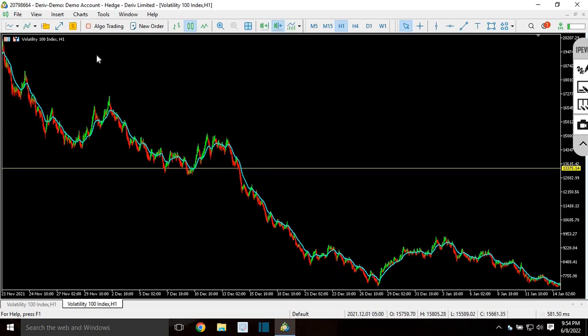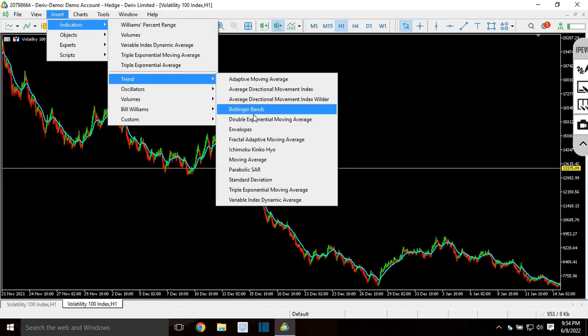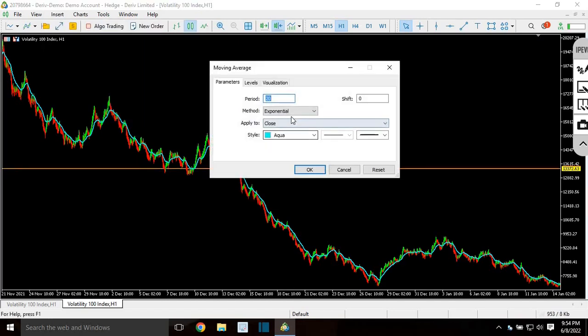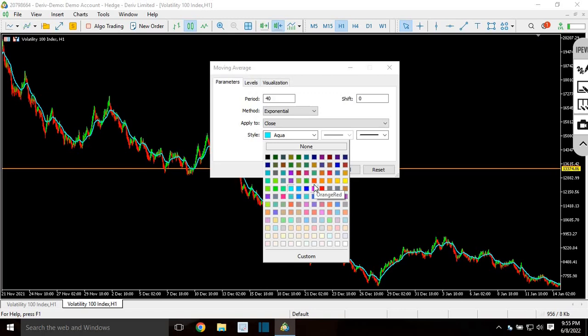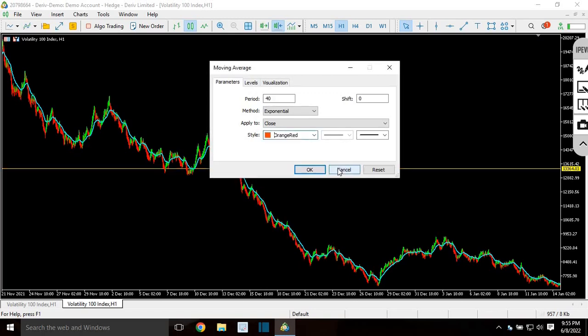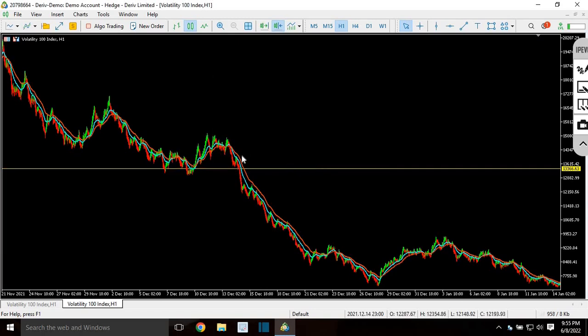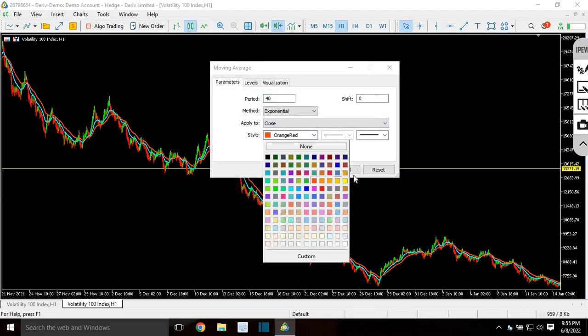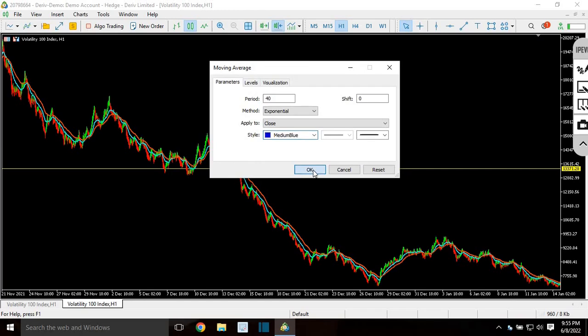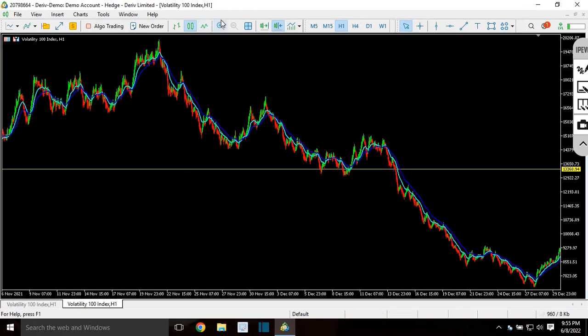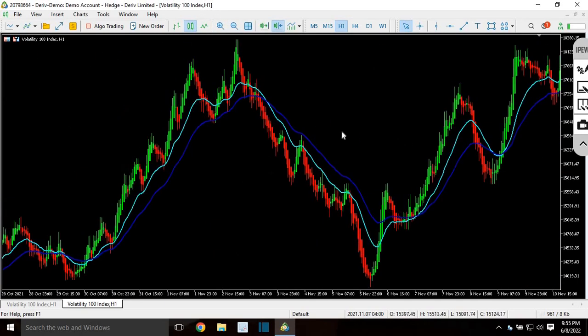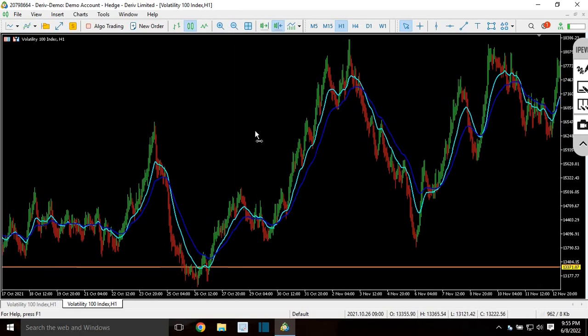So that is one, and then we are going to add another one, trend, moving average, exponential, and period we are putting 40, and let's give it orange. Orange is weird. Okay, let's give it blue. Okay, that's good. So when you enlarge this, you can see how basically it works.